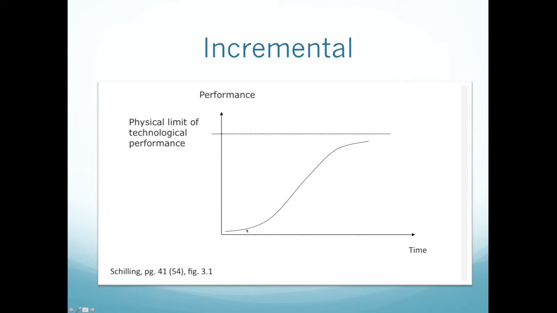And this usually follows an S-curve. Slow development of performance in the beginning, when you decide on what this innovation will look like, what kind of dominant design will there be, but then more rapid improvements to the performance when you know what the innovation is and what it will do, what attributes it will have.